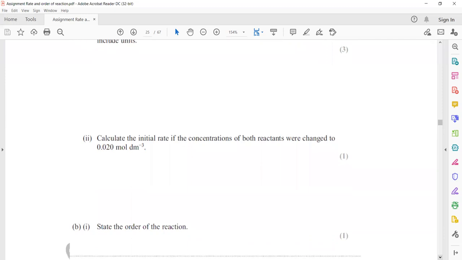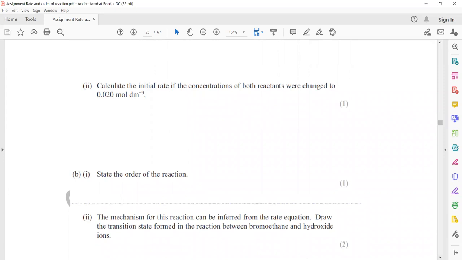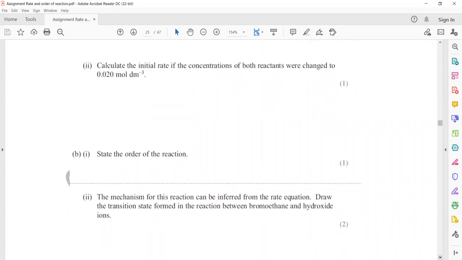Calculate the initial rate if the concentration of both reactants were changed to 0.02. So what happened? Now we already have the value of K. So the rate is equal to K times the concentration of both reactants, which is bromoethane and the concentration of hydroxide.